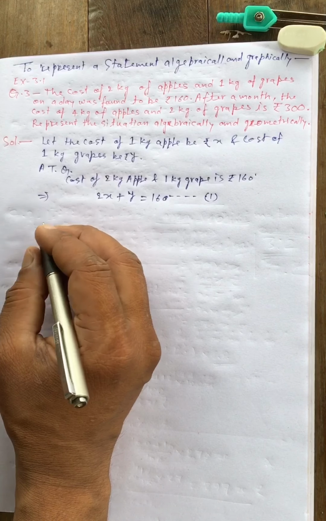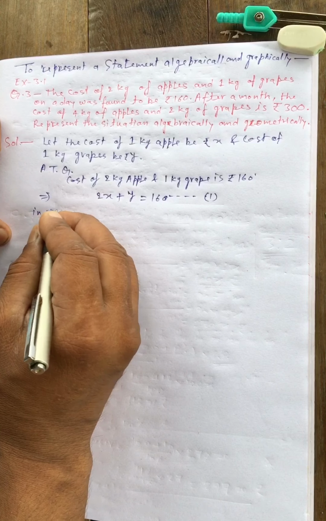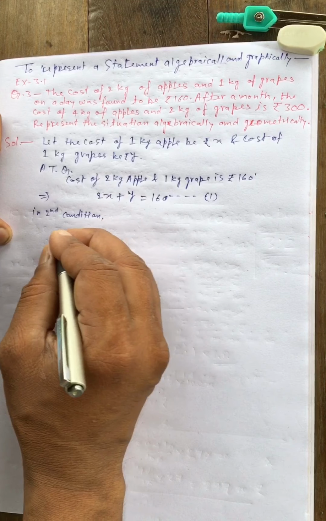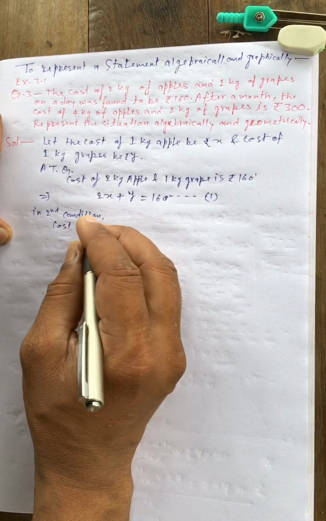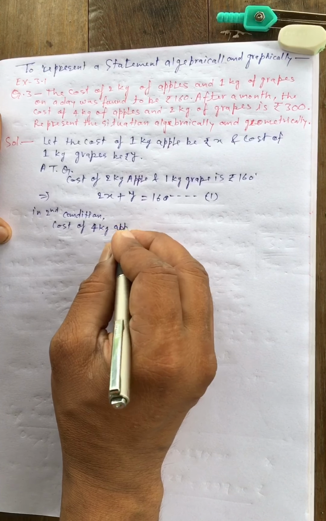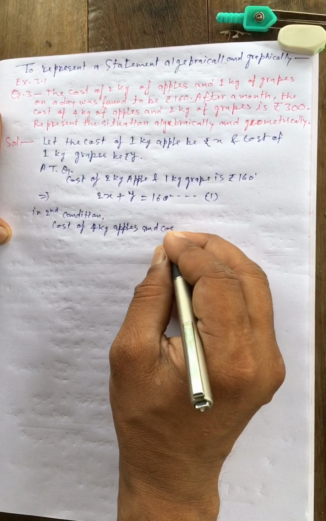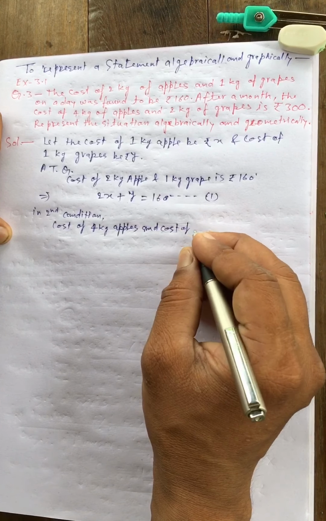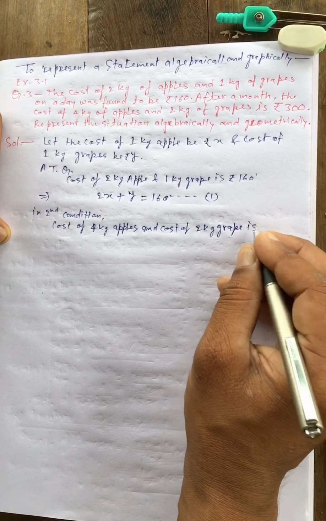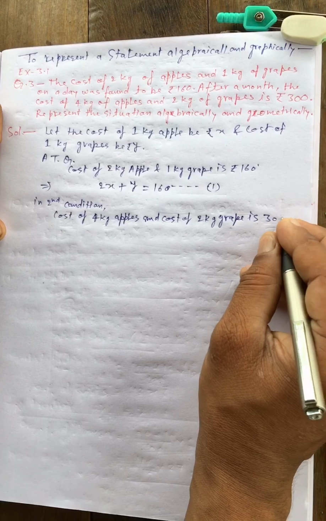Again, in the second condition, the cost of 4 kg apples and the cost of 2 kg grapes is 300 rupees.